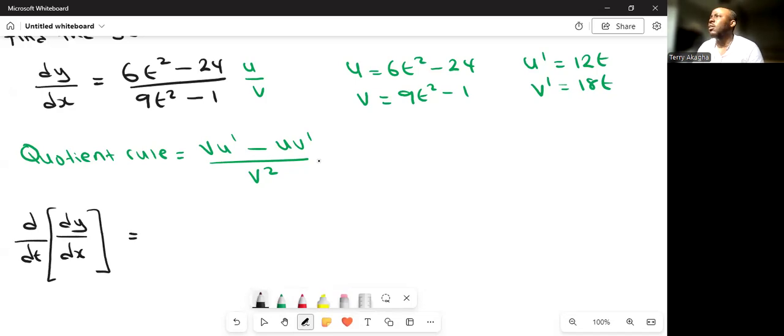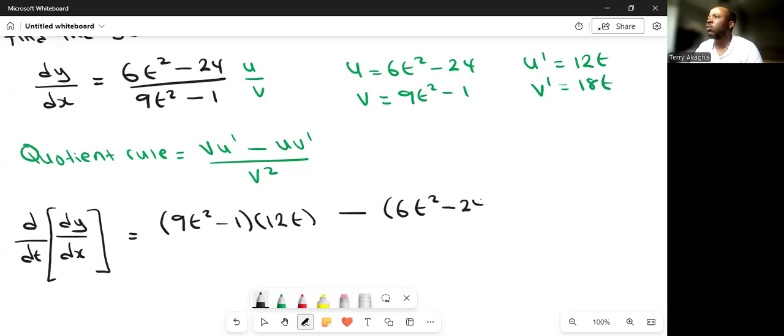So the v is 9t squared minus 1, the u prime is 12t, minus the u, which is 6t squared minus 24, and the v prime is 18t.